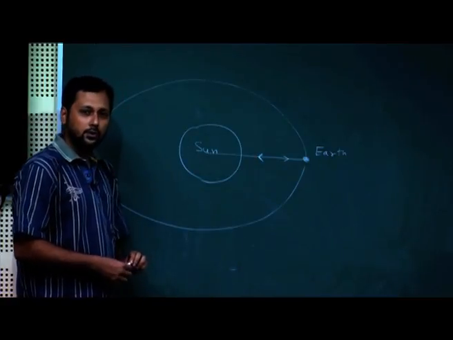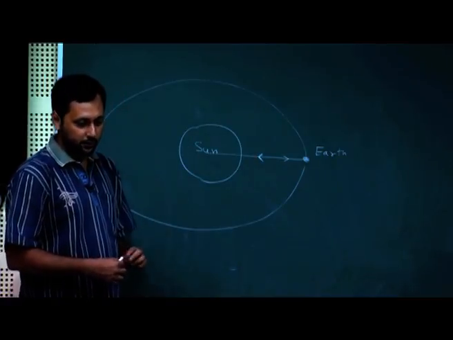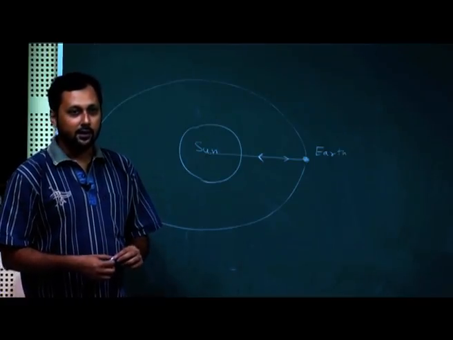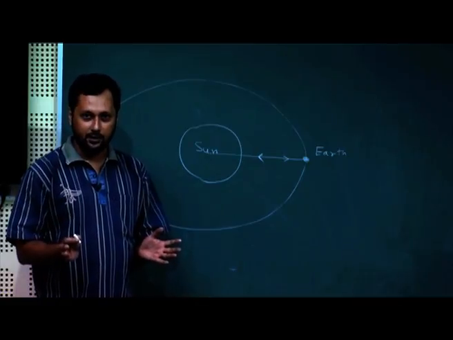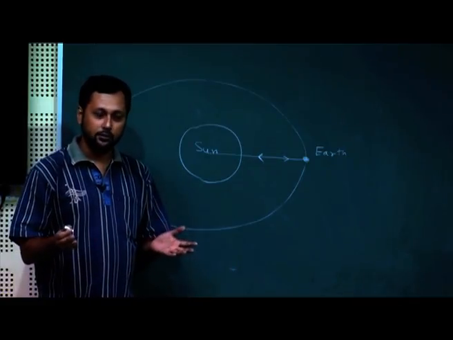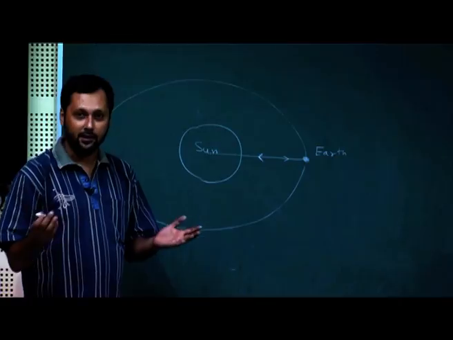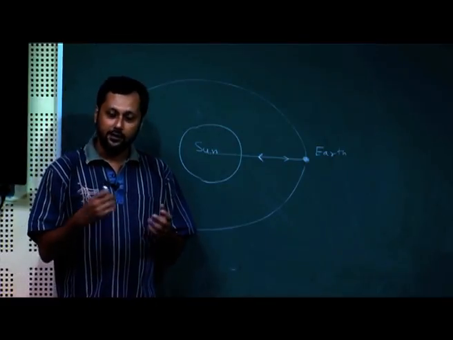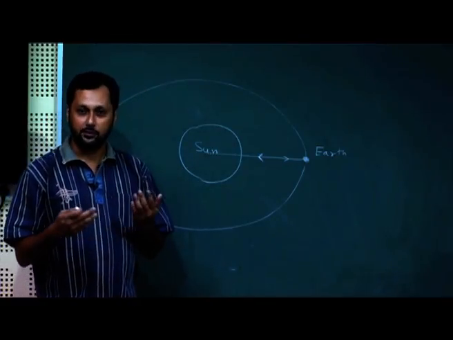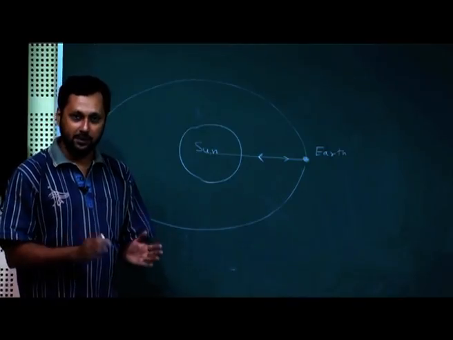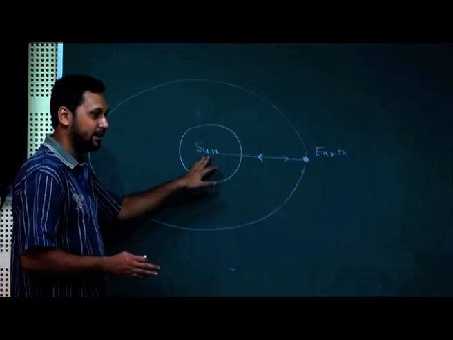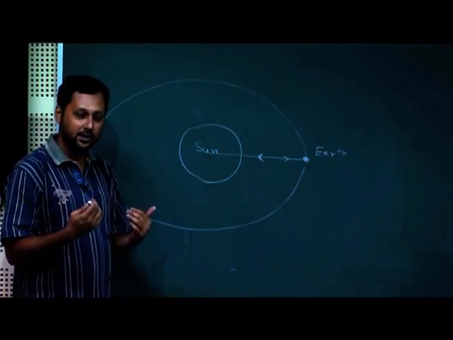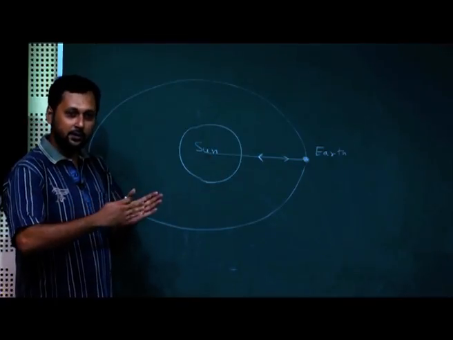And also, we might know that the Sun is just a simple star in this galaxy. There are many other galaxies in this universe, and inside the galaxy there are millions and millions of stars. The Sun is just one of them, and it is not placed at the center of the galaxy, which was a belief at some point of time, but slightly off center.